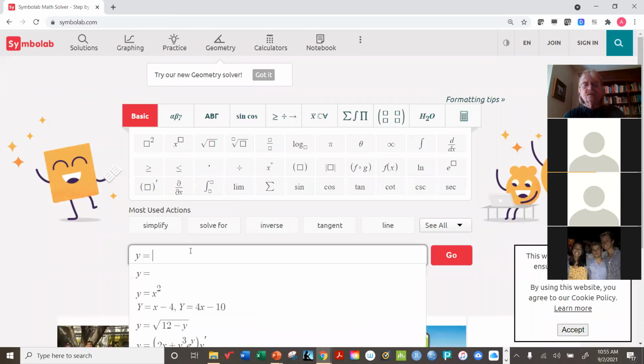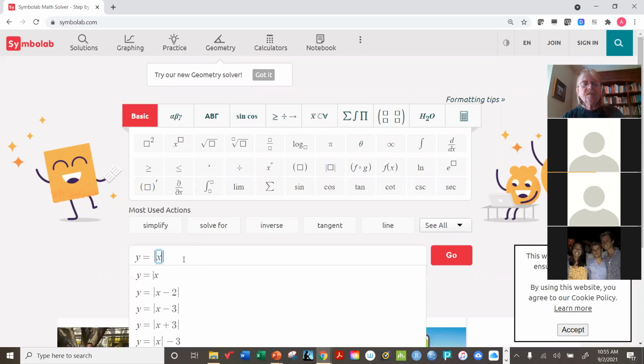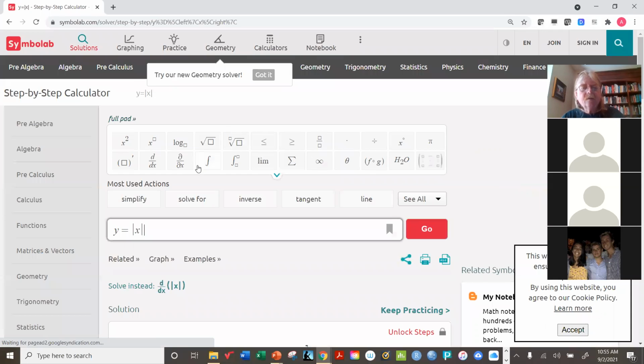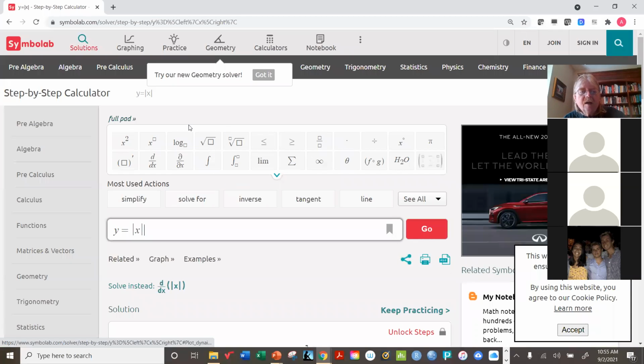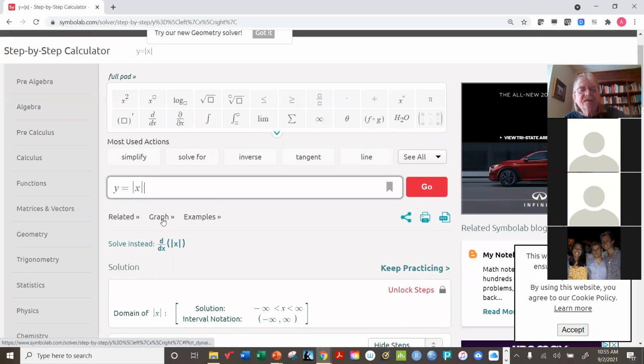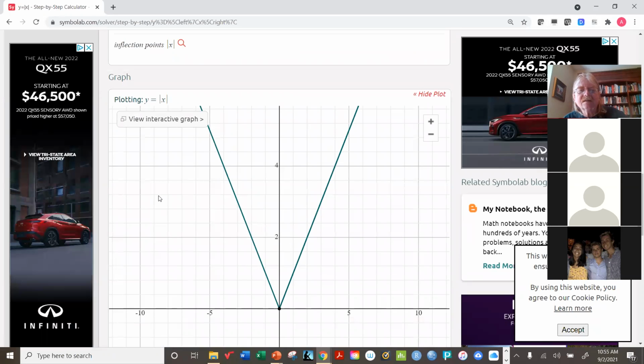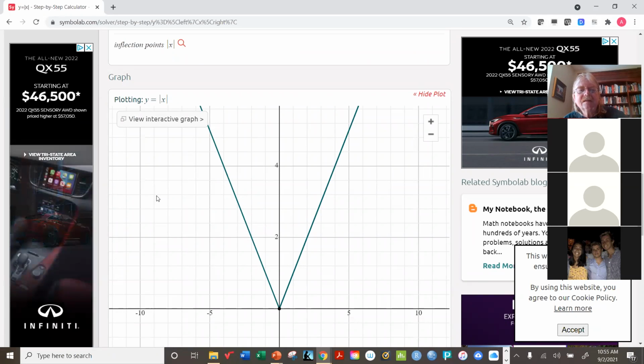So why don't we do this? Let's type in y equals absolute x and then hit go so it knows what function we're talking about. And then right about here, among all these many complicated things it can do, is the word graph. And voila, there's your graph. Look how cool that is. Now, I don't know what this means, view interactive graph.